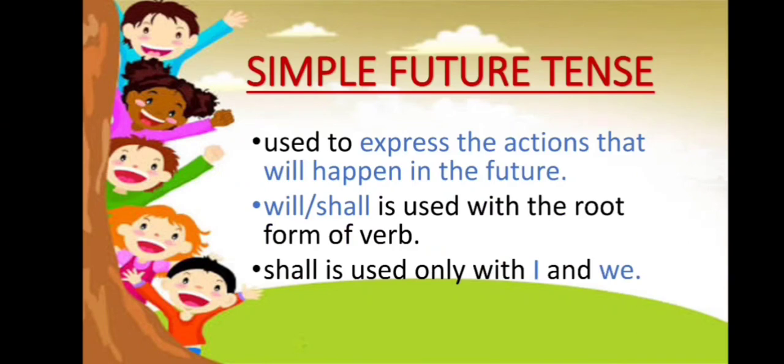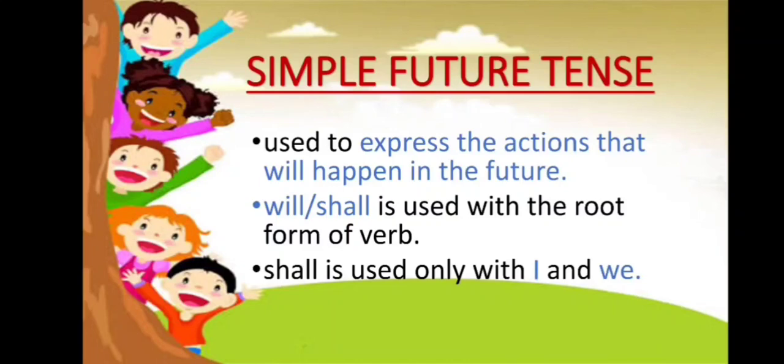It is used to express the actions that will happen in the future. Will or shall is used with the root form of verb. Shall is used only with I and we. Children, when we talk about simple future tense, we talk about those events which will happen in the future.